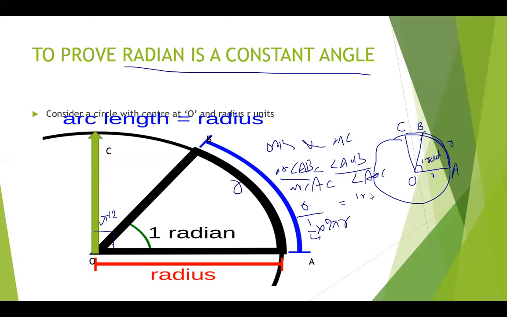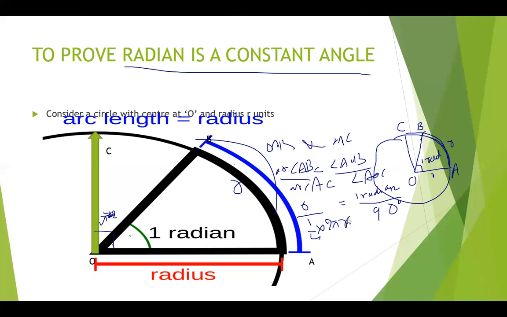That is equal to angle AOB. Angle AOB, we know it is 1 radian, because we have defined a radian as the angle subtended at the center of a circle by an arc whose length is equal to the radius of the circle. 1 radian divided by angle AOC. I told you angle AOC is 90 degrees. Let me call it 90 degrees.